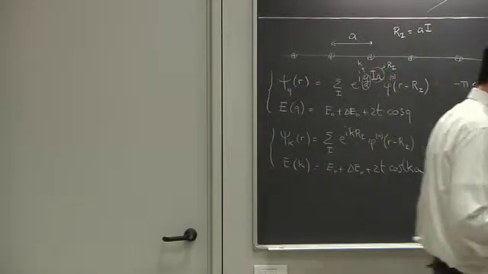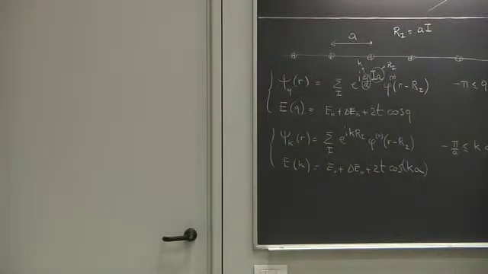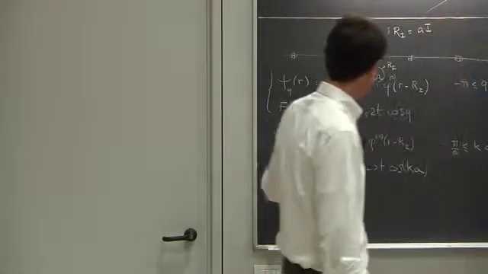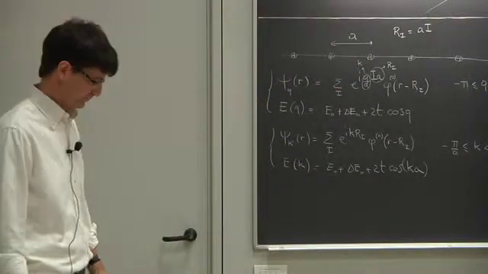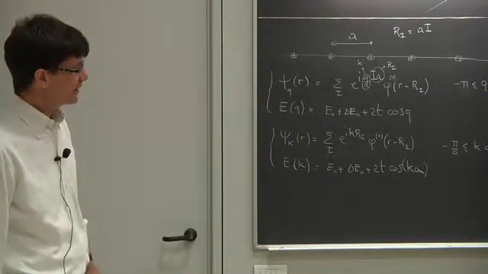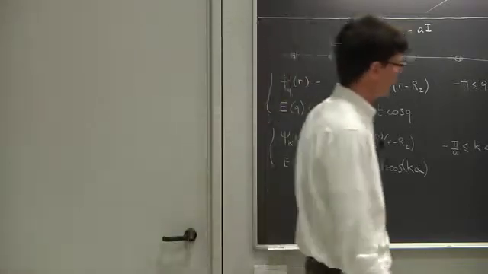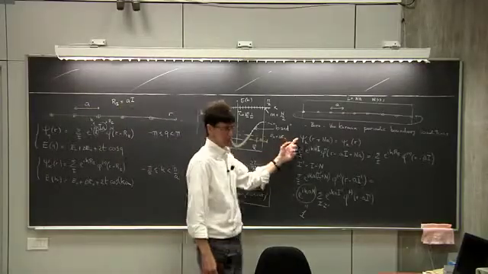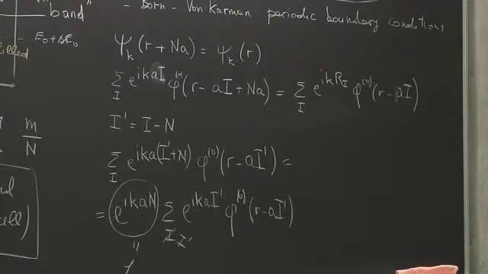All right, let me make the final statement about this wave function. Actually, it's very similar to this consideration here. And don't ask me to repeat it, I'll do it very quickly.